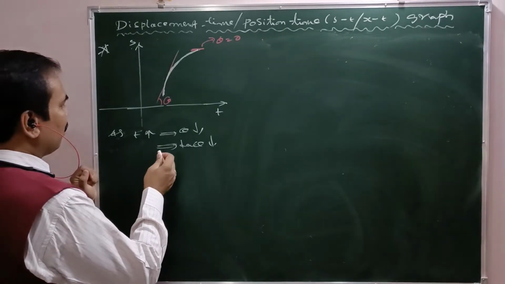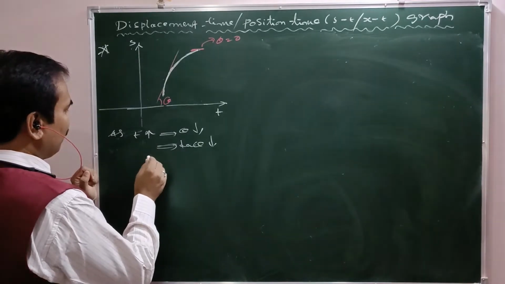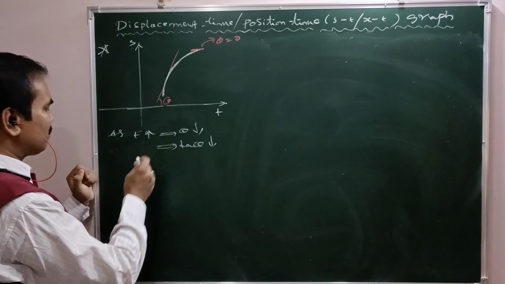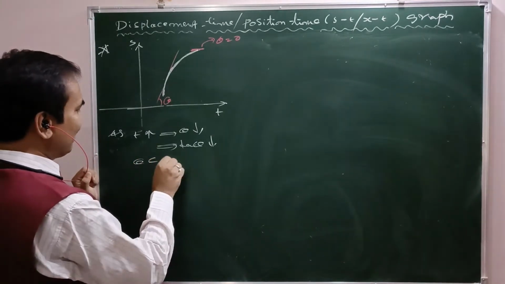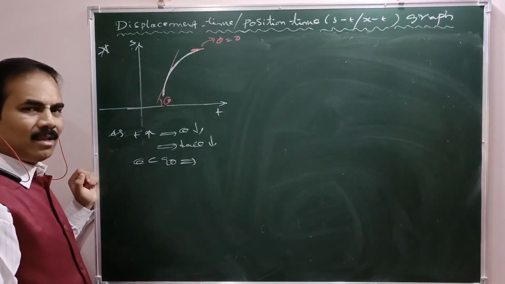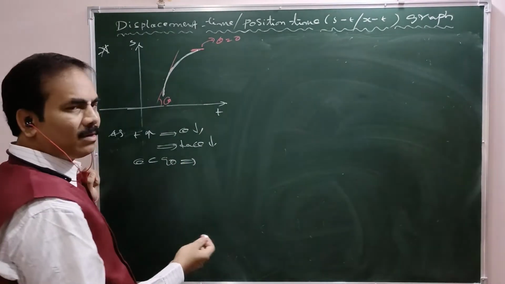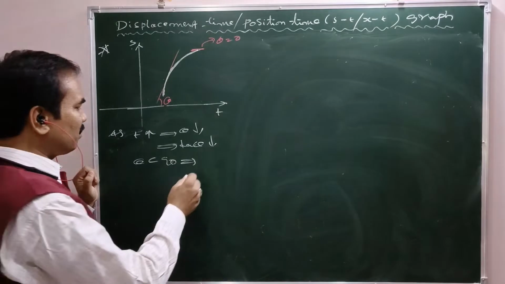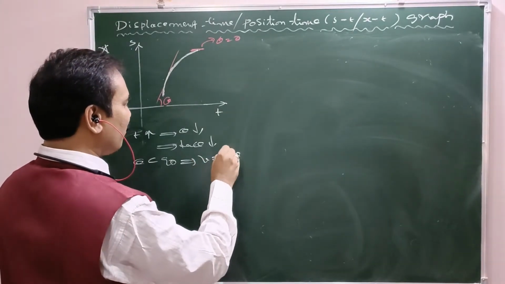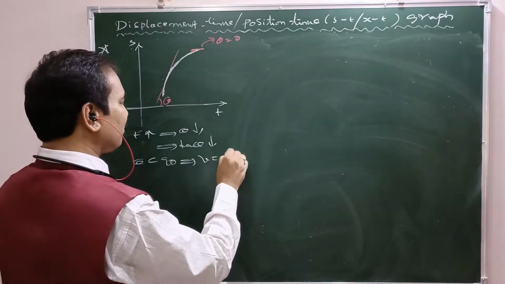So therefore, what about velocity here? Is it positive or negative? See, theta less than 90 means velocity is positive. Tan of less than 90 means positive. That is, V is positive, right?